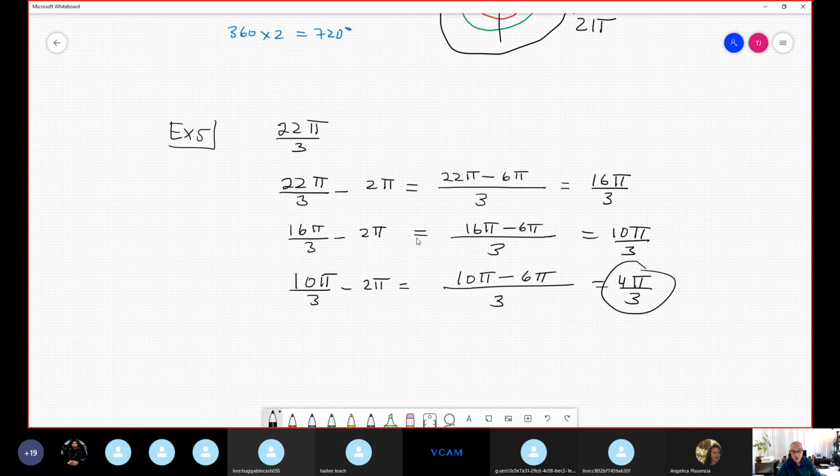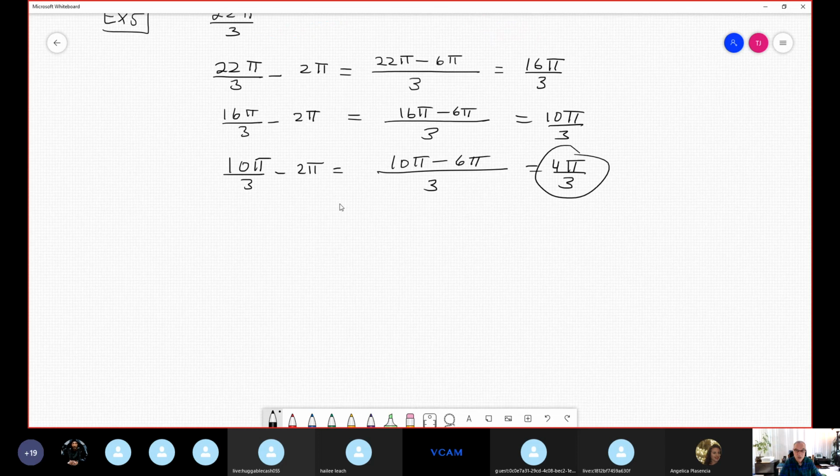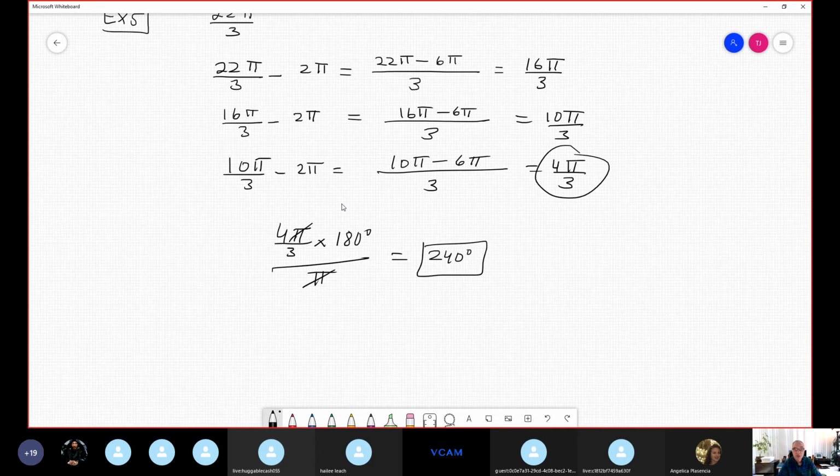If you want to convert to degrees to understand much better, you multiply by 180 and divide by pi. The pi cancels, as always happens. 180 divided by 3 is 60, and multiplied by 4 is 240 degrees. The 240 degrees is equivalent to 4 pi over 3 and belongs, by the way, to the third quadrant.